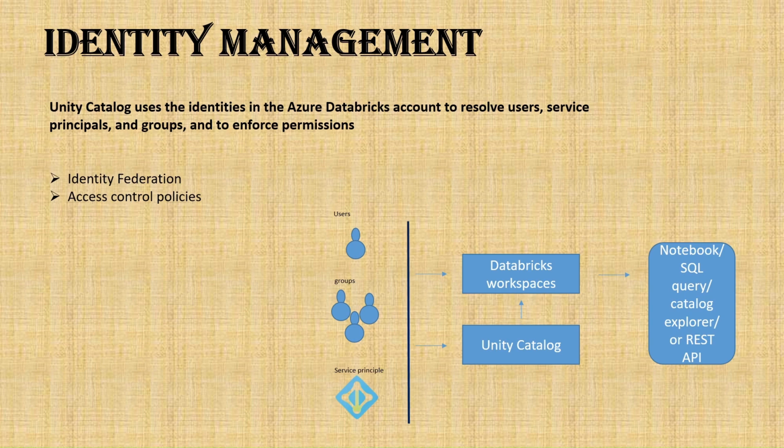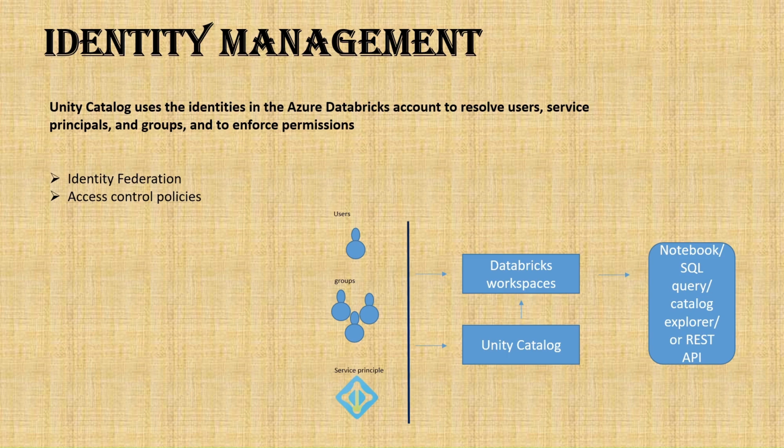This is mainly used for scheduling jobs, automated methods of execution, or even in scripts, right? And groups are a collection of multiple users and service principals. The groups are created by admins so that they can easily manage the access.